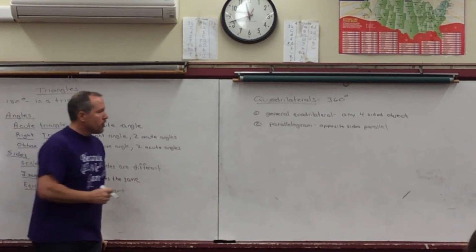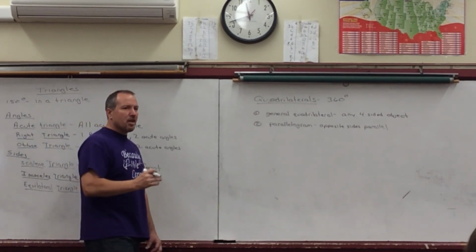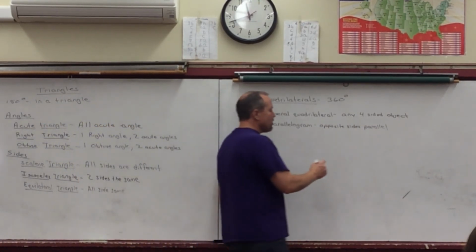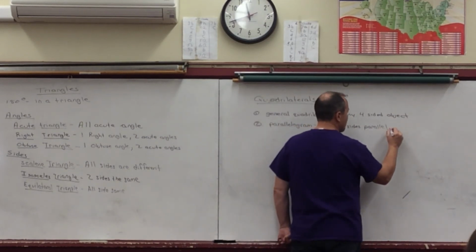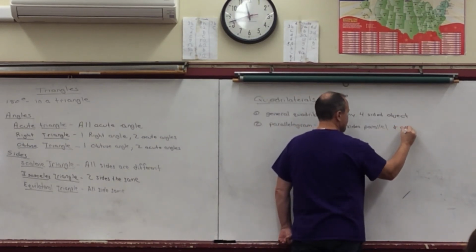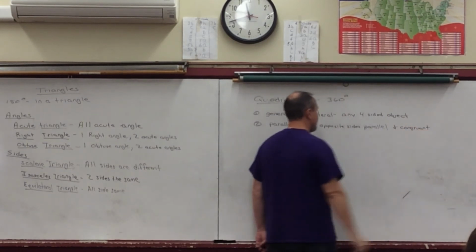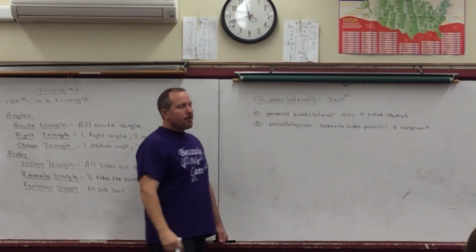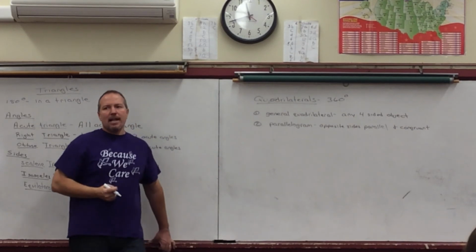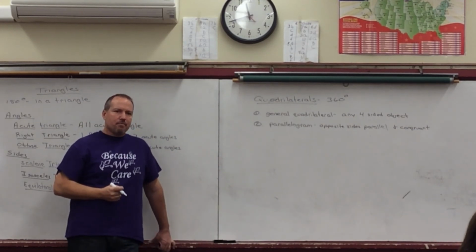Now, in order for there to be two sets of parallel sides, the opposite sides must also be congruent. So opposite sides are parallel and congruent.